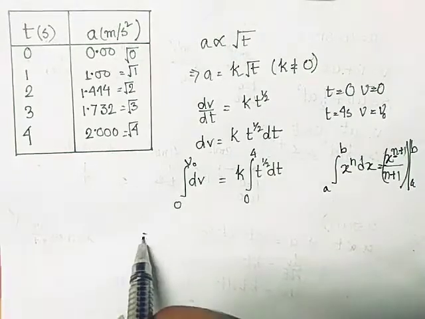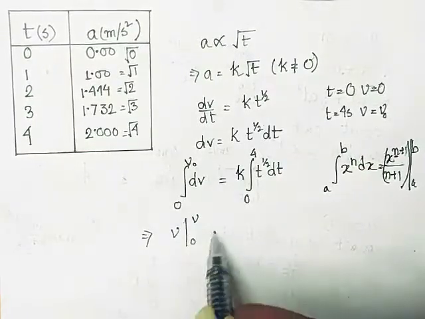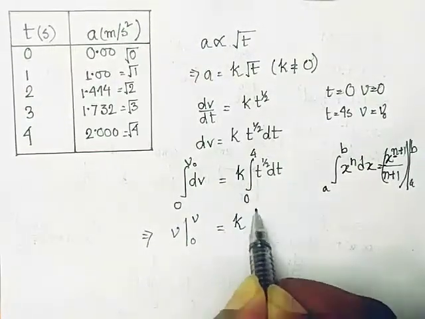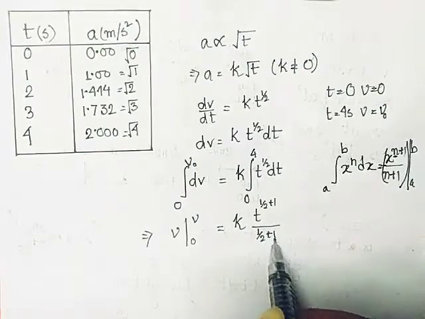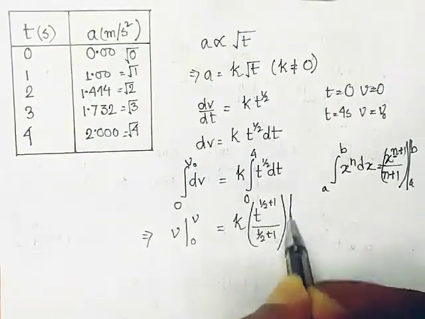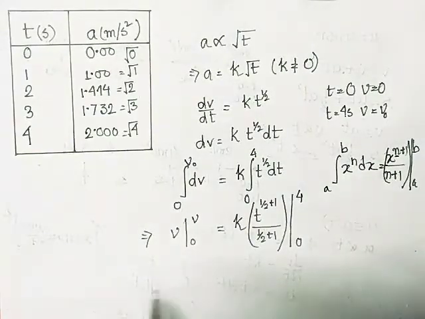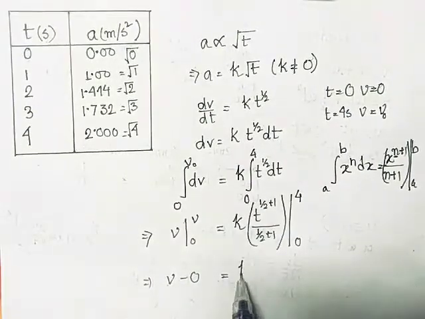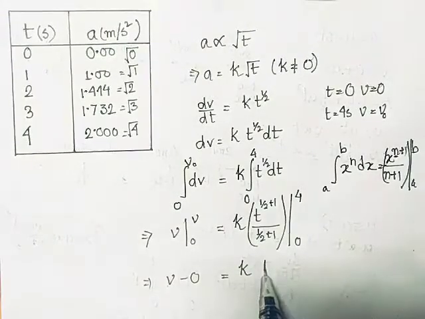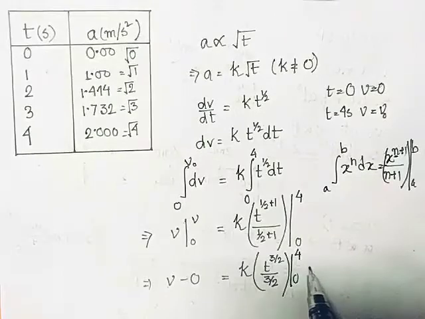So if I put this here, the integral of dv will be v with limits 0 to v, equals k times t to the power half plus 1, that is 1 by 2 plus 1, divided by 1 by 2 plus 1, with limits 0 to 4. So this becomes v minus 0, upper limit minus lower limit, and k into t to the power 3 by 2 divided by 3 by 2, from 0 to 4.